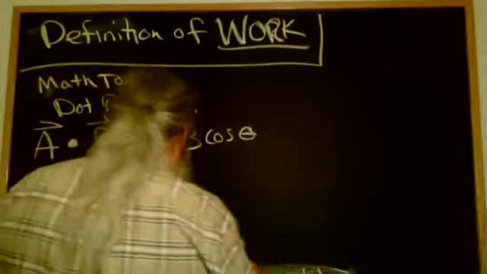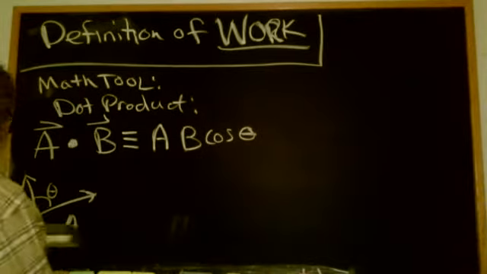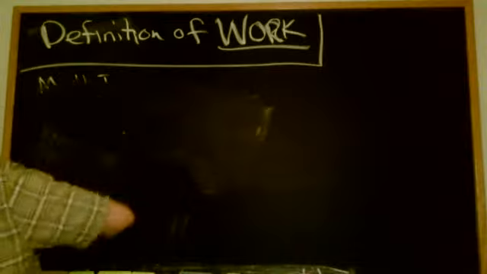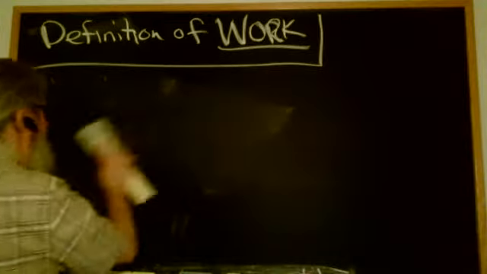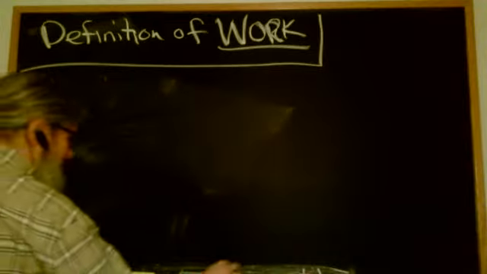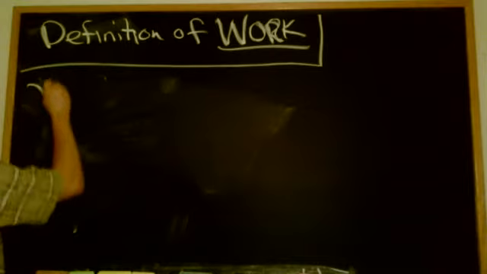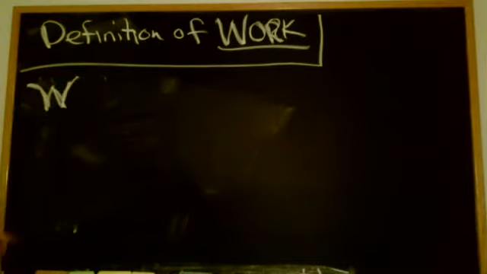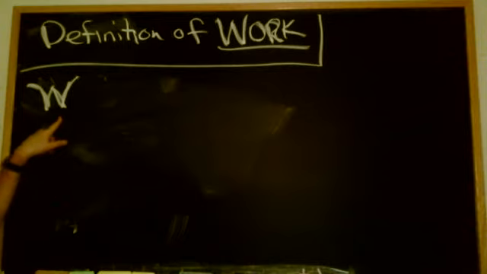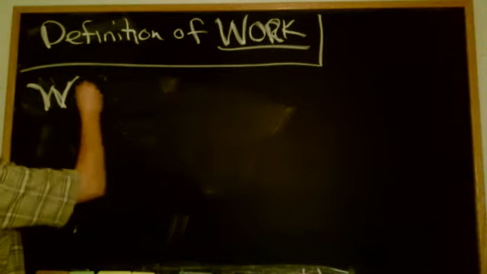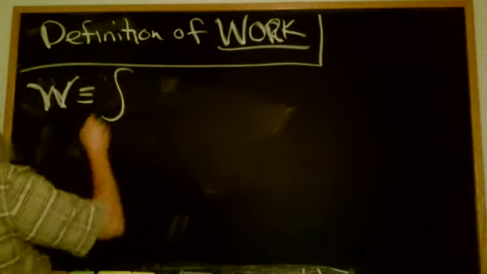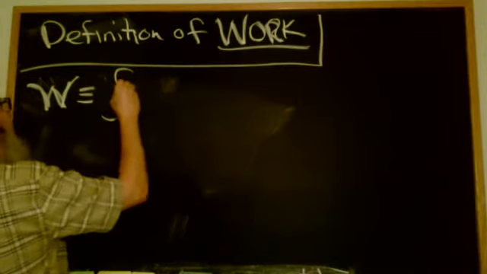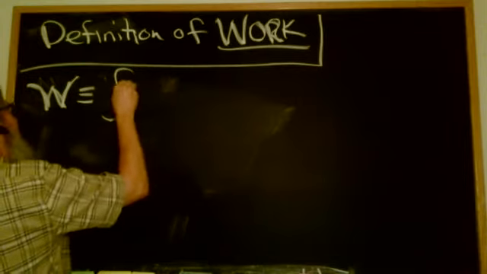Now that I've got that definition in place, let me erase this because I want to do the definition of work now. So I've got that mathematical tool. The formal definition of work, and I will usually use a flared W to indicate work as opposed to weight, is technically defined as a kind of integral, a special kind of integral.